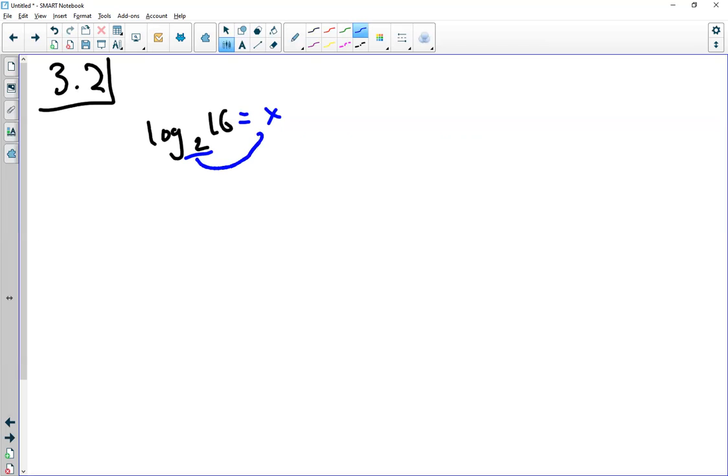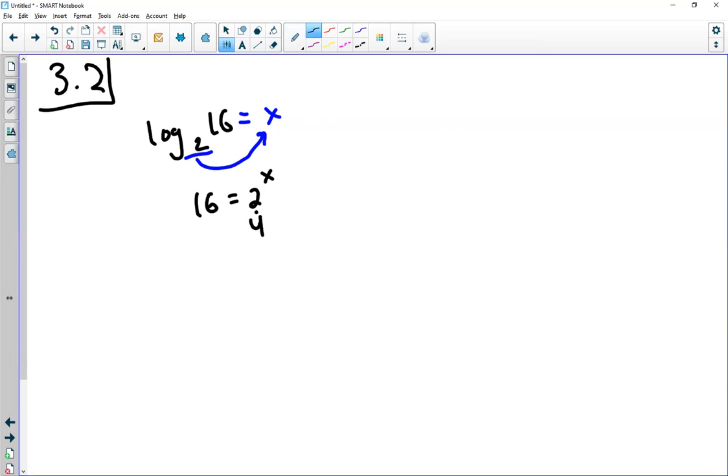Then I would move the 2 to the other side and rewrite it as 16 equals 2 to the x power. Not times, it's x power. Then I ask myself, what power of 2 will cause this to be 16? In that case, it would be 4: 2 times 2 times 2 times 2. So x is 4, and your answer for this one is 4.